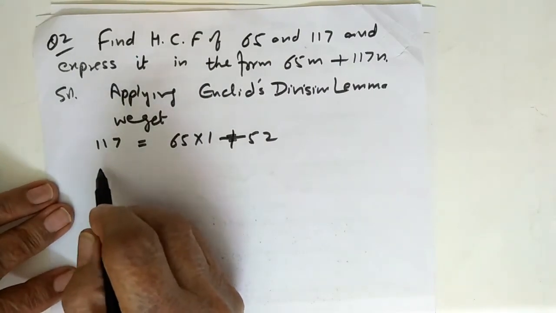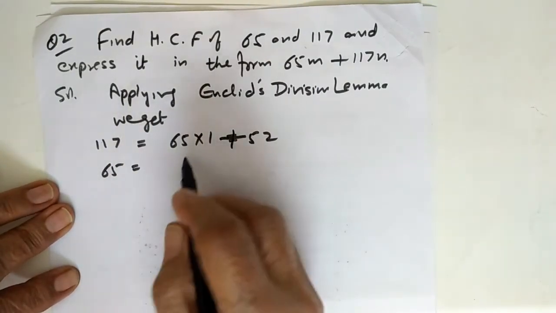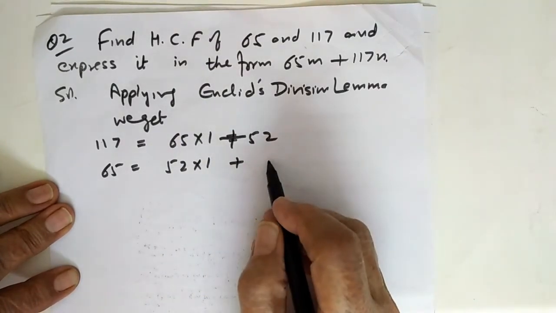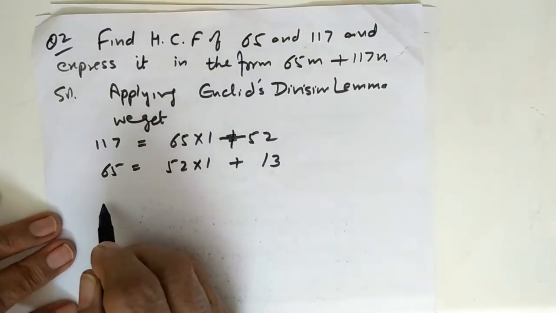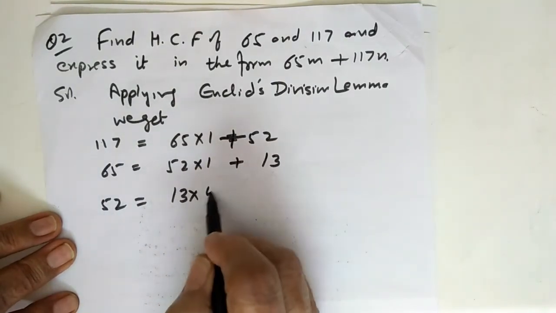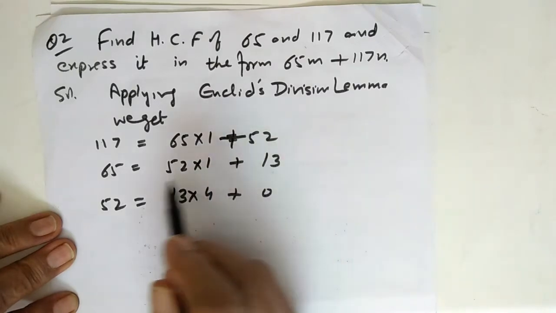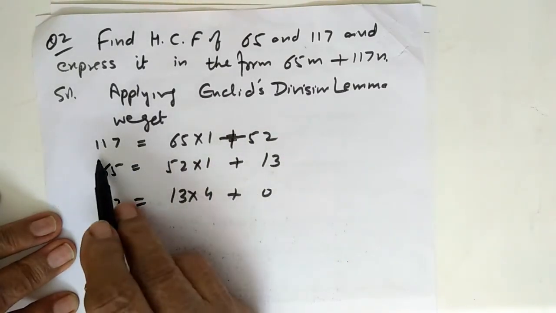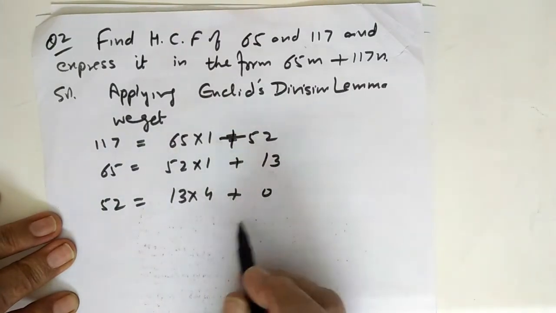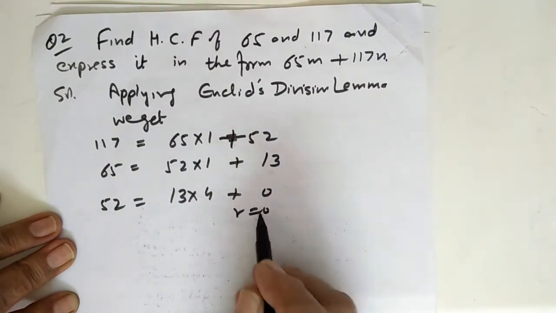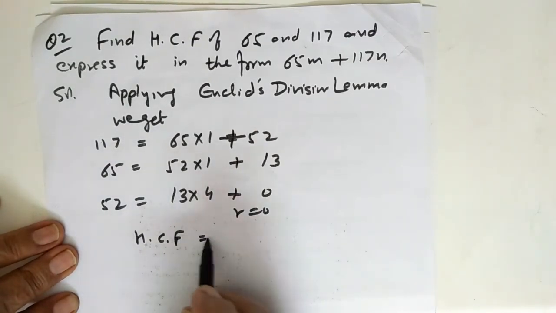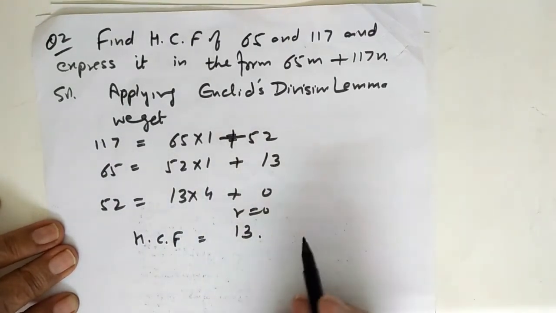Now again, the same method: 65 is equal to 52 into 1 plus 13, and 52 is equal to 13 into 4 plus 0. All this is a is equal to bq plus r. When r is 0, our HCF is the last divisor, which is equal to 13.